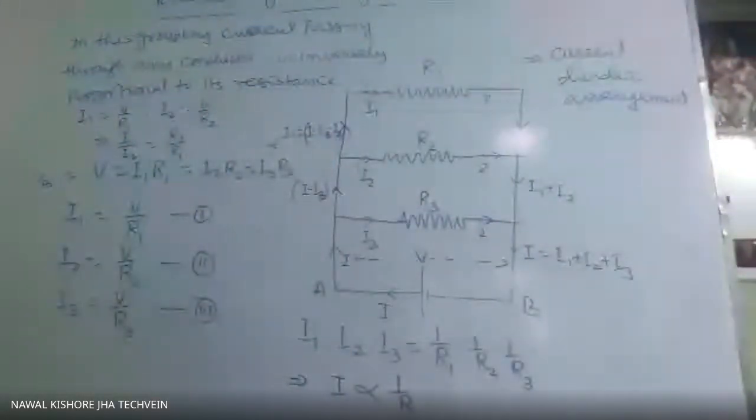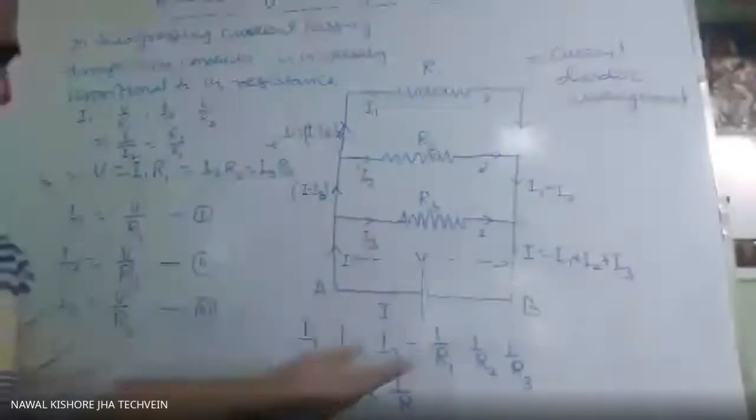If you are comparing only two, what will be? This I1 is V by R1, I2 is V by R2, that means I1 by I2 will be R2 by R1. From here, directly you can write. If only two we are comparing, if three we are comparing, then this way.